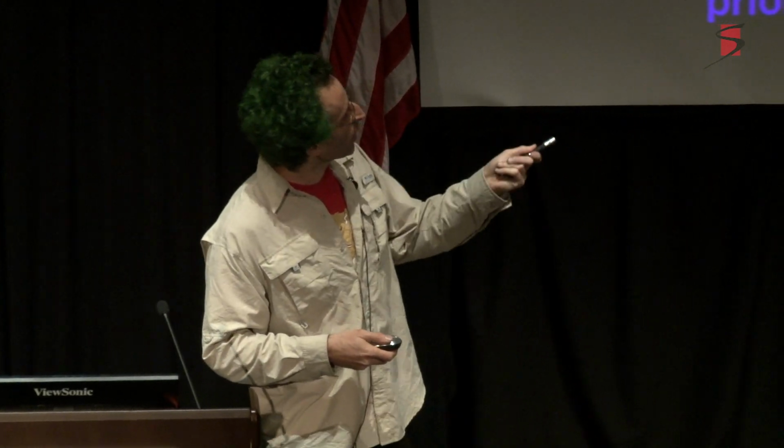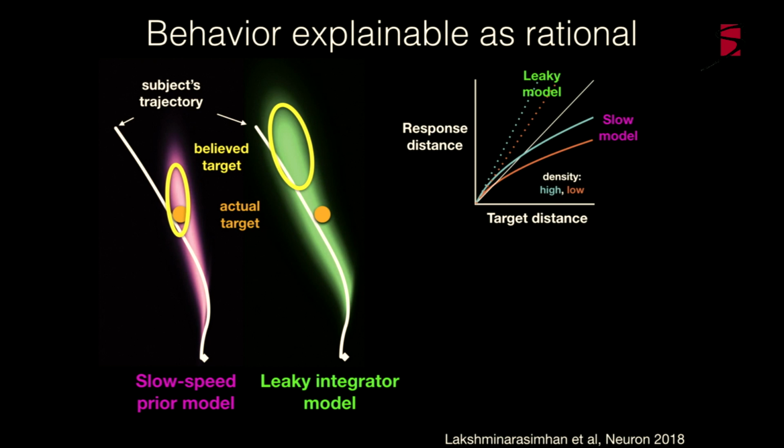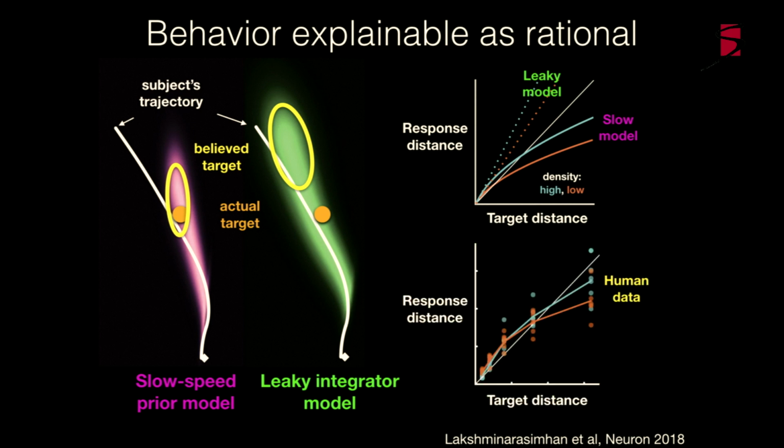So the leaky model gives you this, if the target is on the diagonal line, as target distance gets farther, this is your response distance. You overshoot by that. And the slow model, this other alternative model, is overshooting for short distances, but starts to undershoot for long distances. And that's, in fact, what humans do. And so our model has the same behavior, and this is coming about by using an inverse optimal control model.